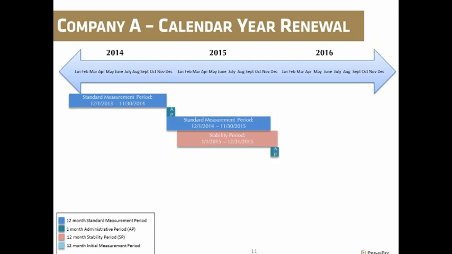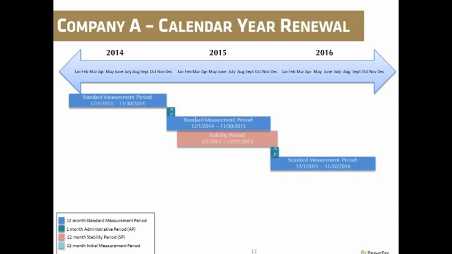After the stability period is complete, at the end of 2015 in December, we again have the administrative period, and then we go through the process again. We have our standard measurement period that begins in December 2015 through 2016. So from an ongoing employee basis, it is going to be static, meaning you're going to have a set standard measurement period, a set administrative period and a set stability period.